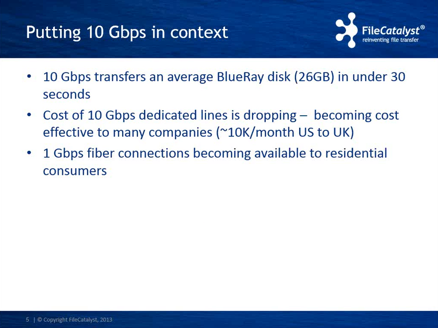Another reason is that on the residential side, connectivity is also improving a lot. Fiber connectivity to residential consumers is starting to be the norm in a lot of countries, with links right now ranging up to 1 gigabit to homes. What that means is that, once again, on the server side you need the appropriate connectivity so you can properly serve those very fast links on the consumer side.